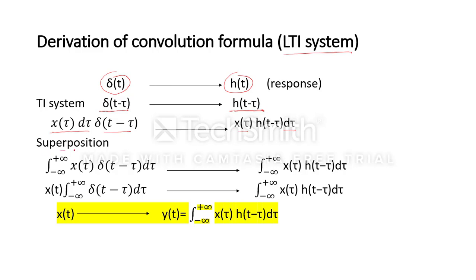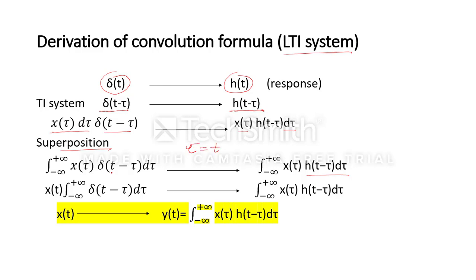Now comes the superposition theorem. If we integrate the input signal from minus infinity to infinity, the same thing should come at the output side. If you remember the impulse delta function property, here delta(t minus tau) is there. It means we can say that tau is equal to t.